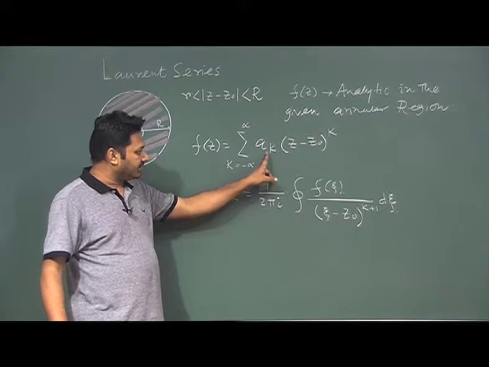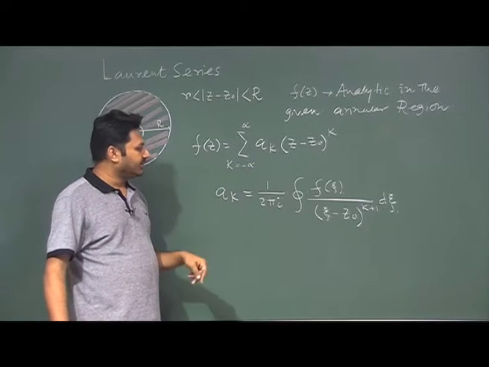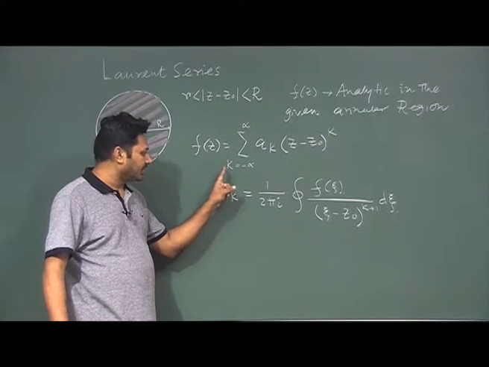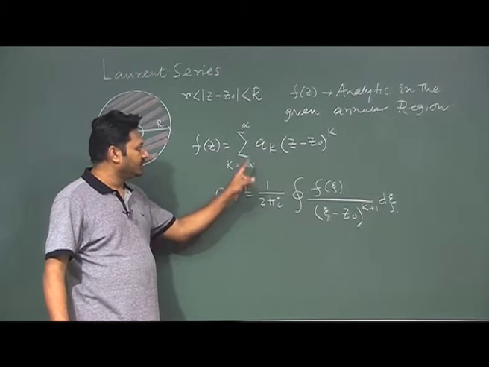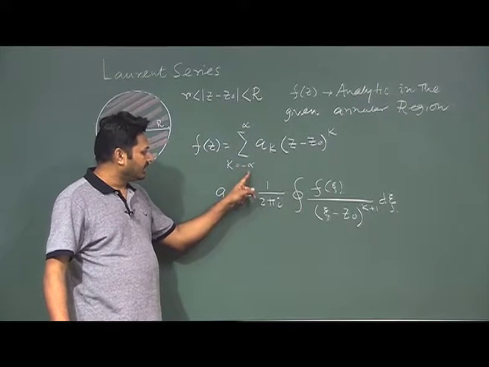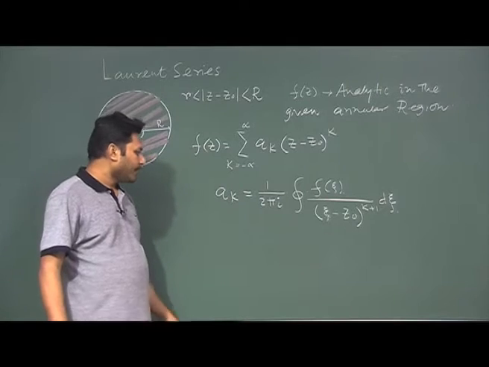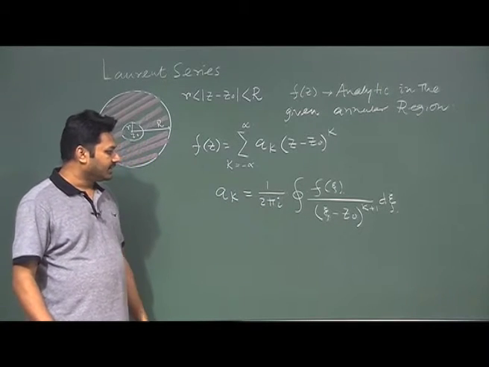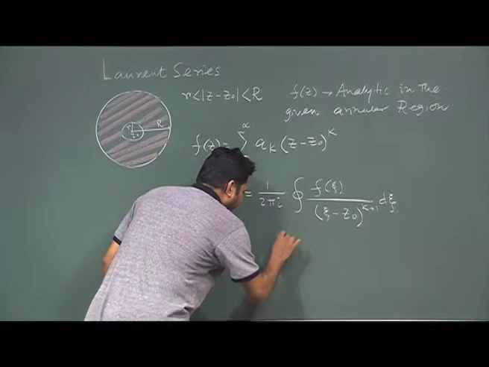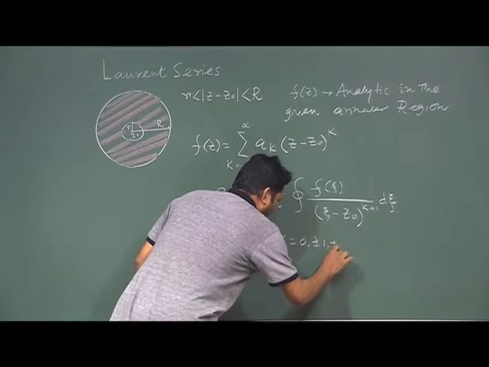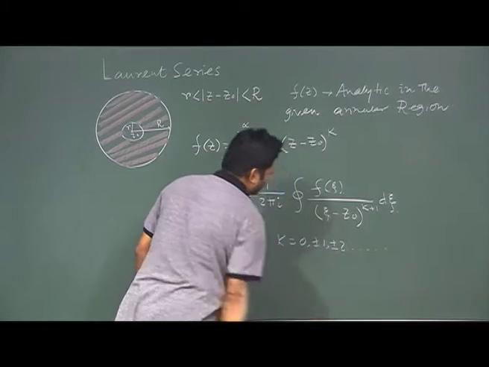The only difference between this and the Taylor series is that in the Taylor series the summation was from k equal to 0 to infinity. Here I am writing k from minus infinity to infinity, where a_k is defined like this. So, k here is obviously 0, plus minus 1, plus minus 2 and so on.